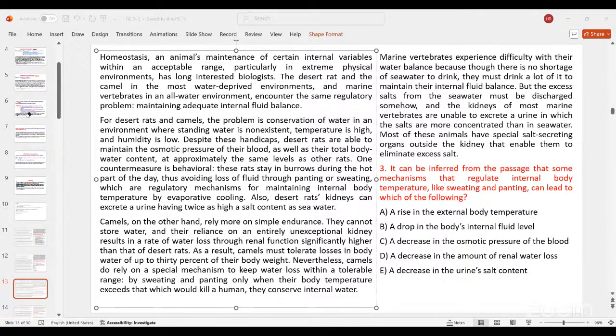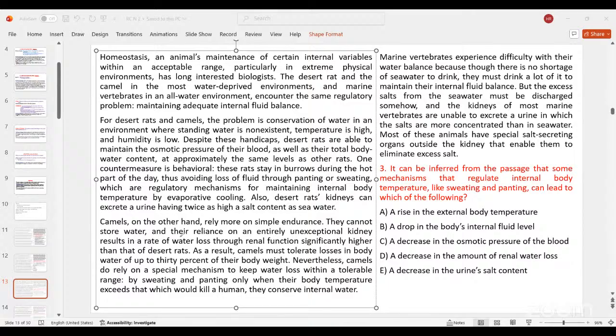So check here, it says camels rely more on simple endurance, right? It means sweating and panting may be part of endurance or against endurance. So from the first sentence you got that it is endurance. Now let's move to the next line.